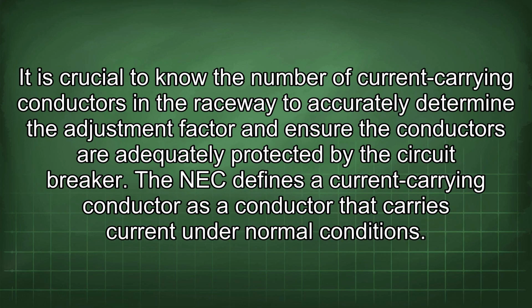It is crucial to know the number of current carrying conductors in the raceway to accurately determine the adjustment factor and ensure the conductors are adequately protected by the circuit breaker.